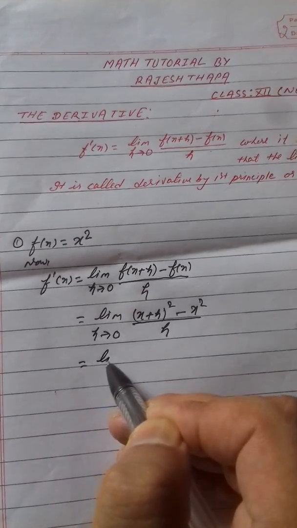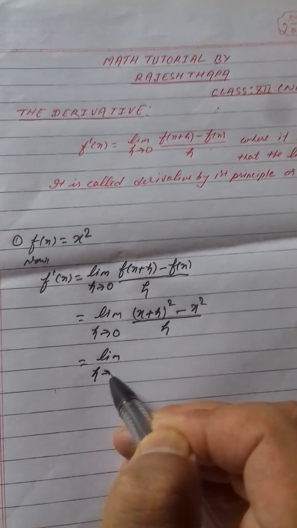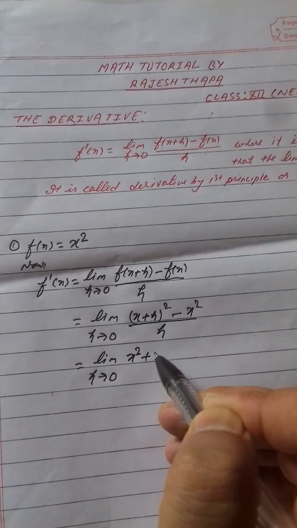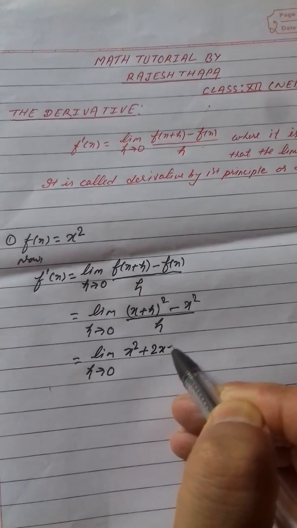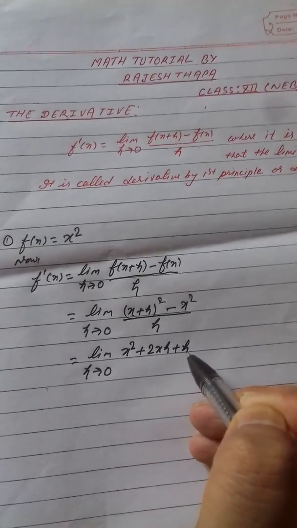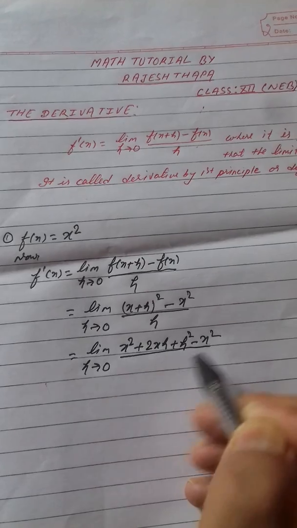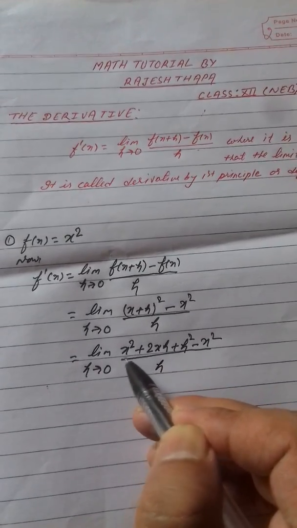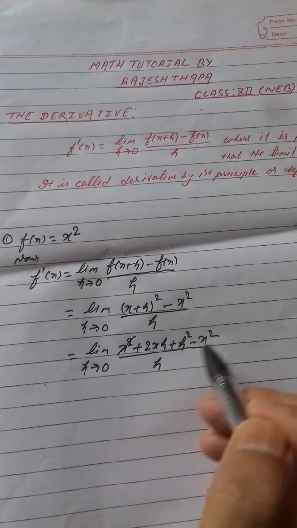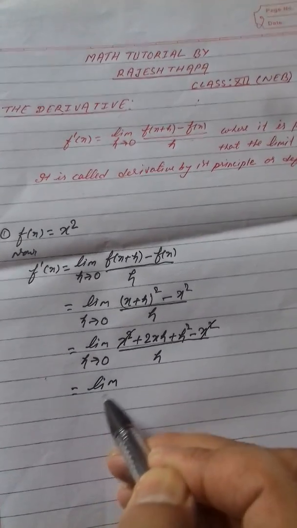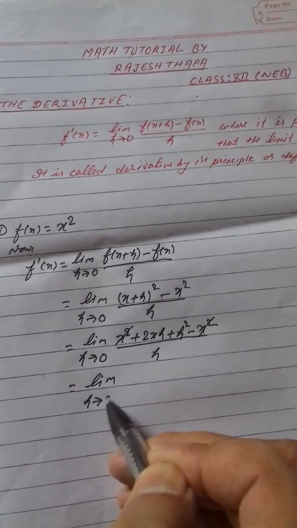Simplifying it, we get limit h tends to 0, a plus b whole square we can apply here, so we get 2xh plus h square minus x square divided by h. X square and x square will be cancelled because of the opposite sign, and limit h tends to 0.